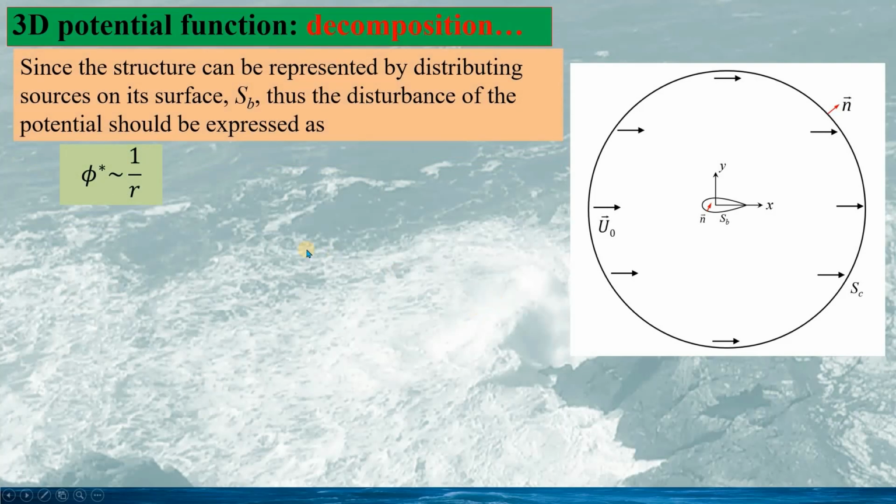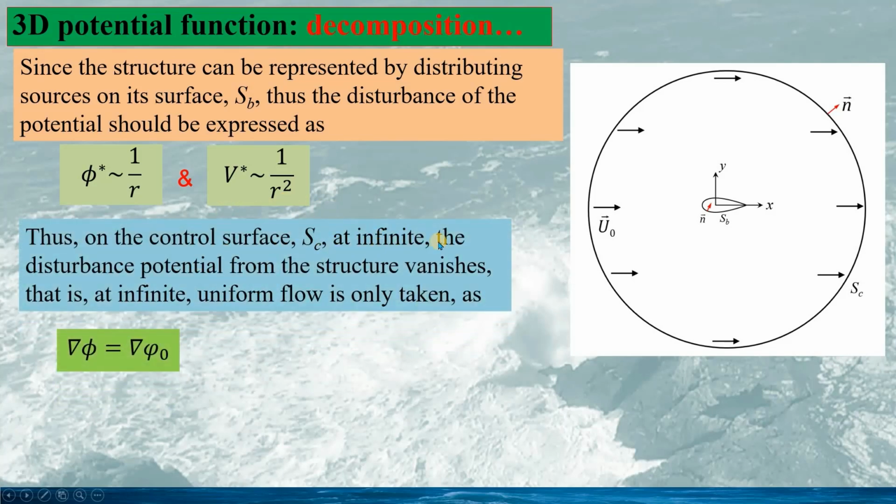Since generally we know the structure can be represented by the distributions of sources on its surface SB, thus the disturbance potential would be expressed roughly as 1 over r, especially if the distance is far away from the structure surface SB. And correspondingly, the velocity would be proportional to 1 over r squared.